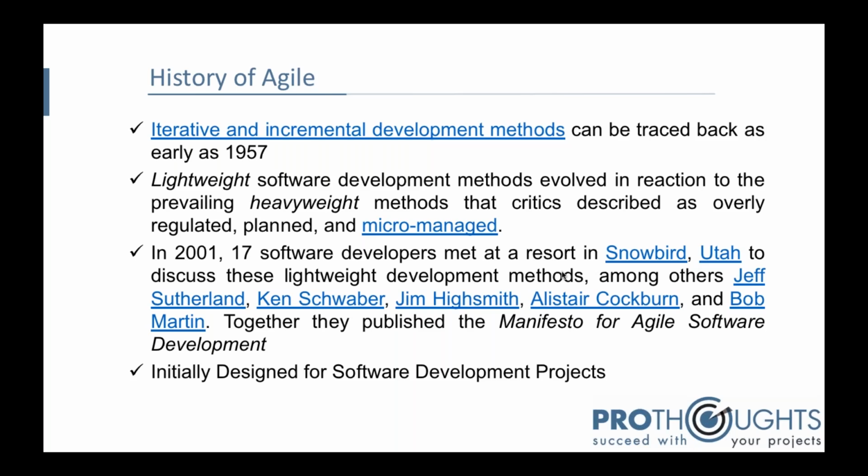This kind of method was developed as early as 1957, the same time when scientific methods evolved. PMP, the more popular methodology, which people equate with traditional project management, also came into existence around the same time.